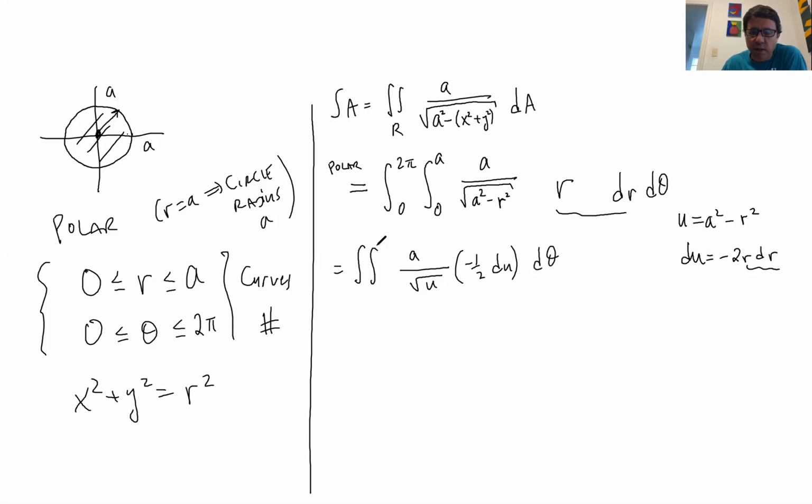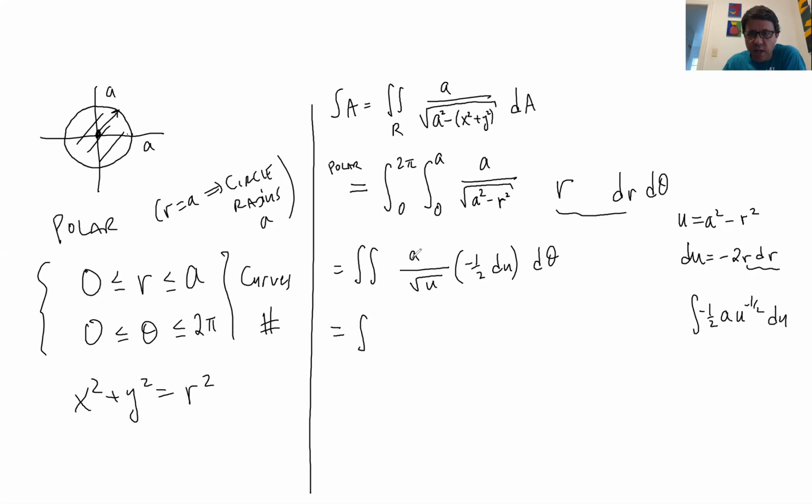I'll just put the d theta, because then I'm going to calculate the inside. So this is now really nice, because this is u to the negative 1/2. So how do you integrate that part right there? So the integral, I'll have negative 1/2 a u to the negative 1/2 du.